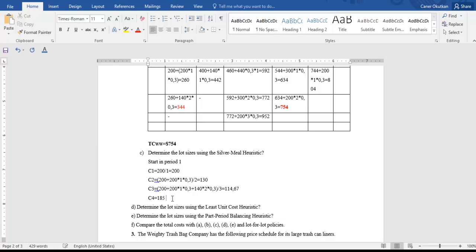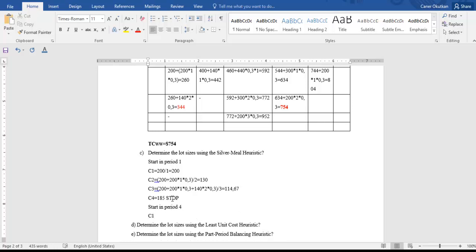So we write here stop. So start in period 4. So we calculate again and again. We find 200 plus 300 multiply 1 multiply divided by 2 equals 145.